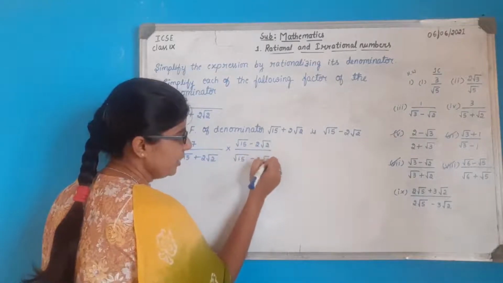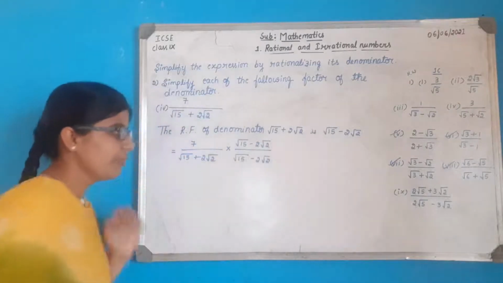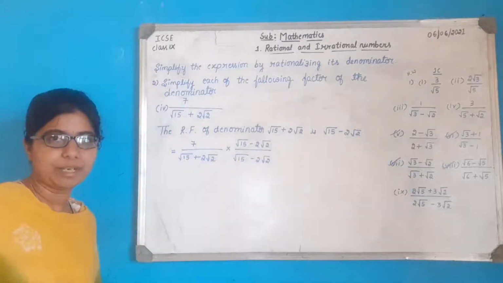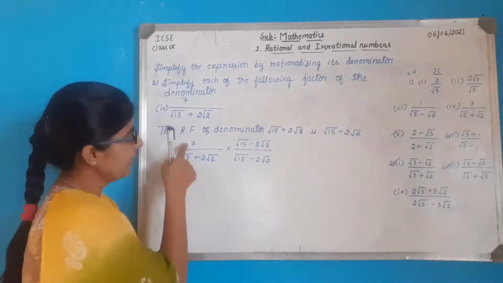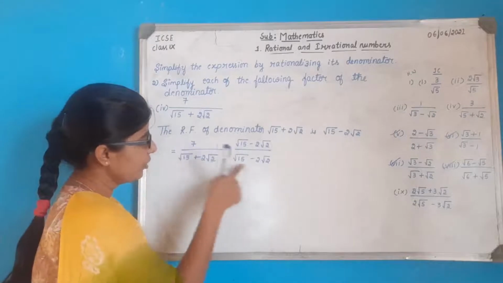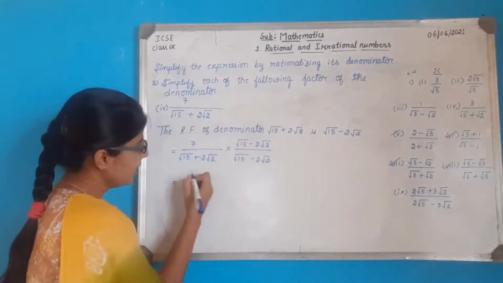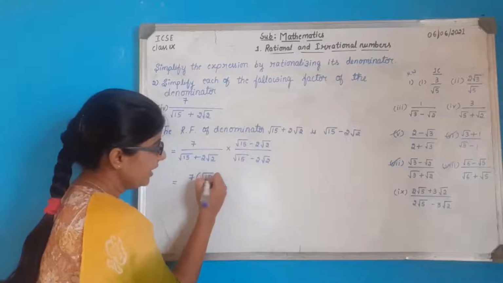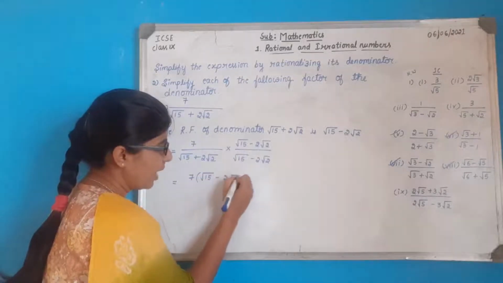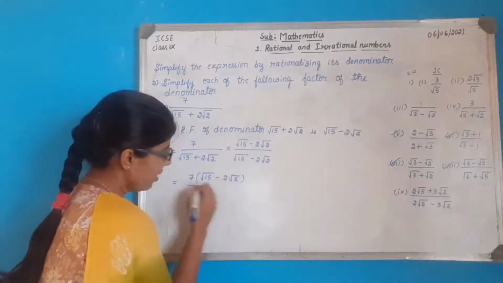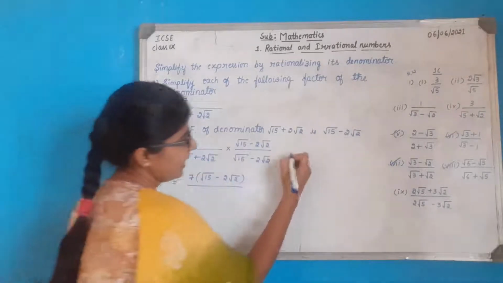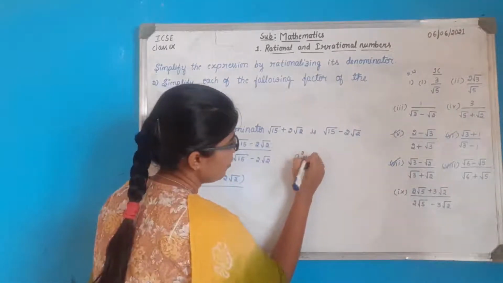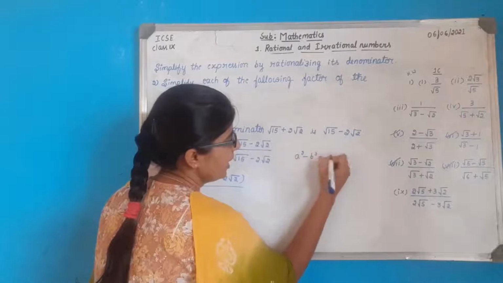So we have multiplied this rationalizing factor to both numerator and denominator. Again next step, multiply numerator with numerator and denominator with denominator, so that 7 into root 15 minus 2 root 2 as it is, we have brought. So observe the denominator here. Again the same formula, it is in the form of a plus b into a minus b.